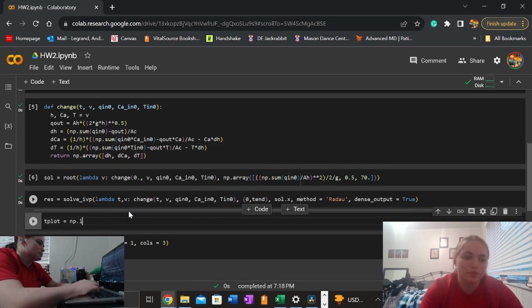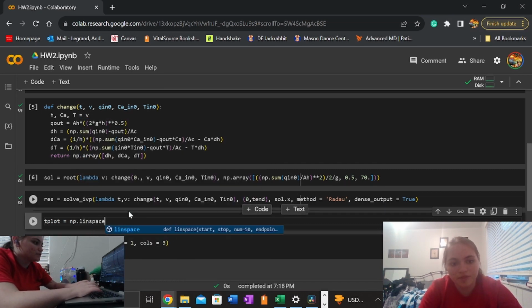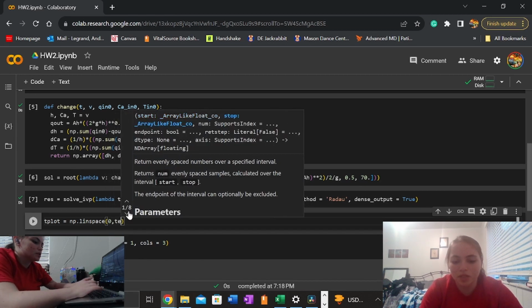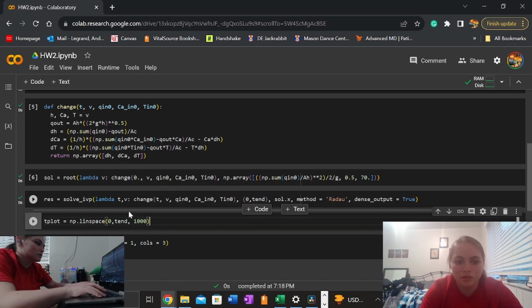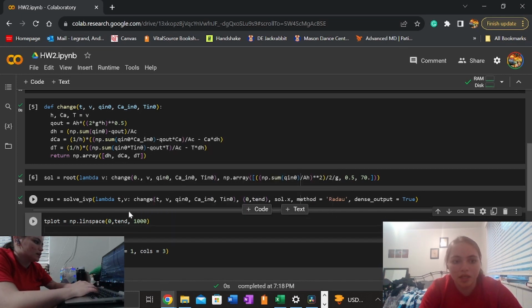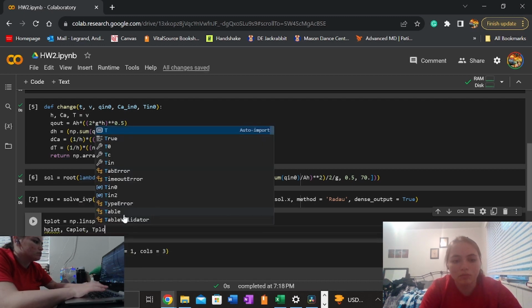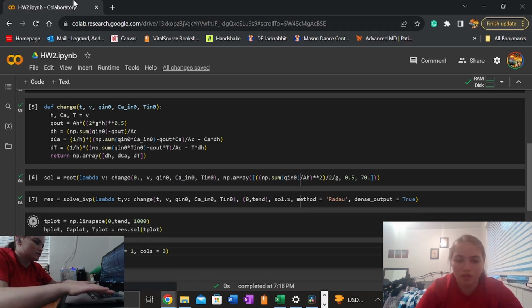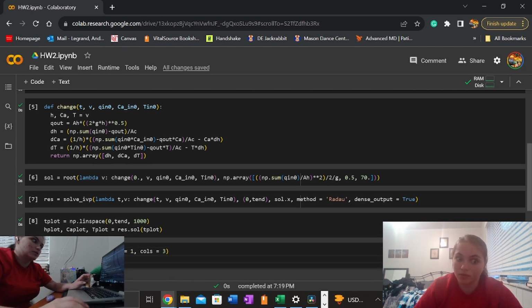I have to define our plot. So linspace is 0 to tn, and let's do about like 1,000. All right, and then we have to put in our other values, which is going to be our h plot, our ca plot, and our temperature plot. And that is going to be equal to res.sol of t_plot. Shift enter. Are you gonna yell? No? Okay. Doing okay so far.